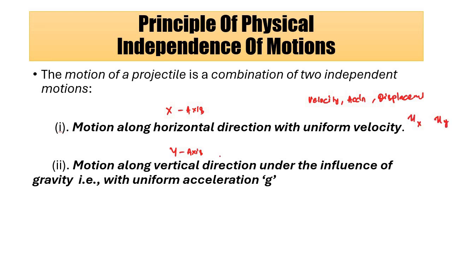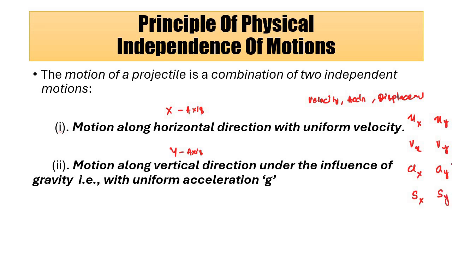The intermediate velocity and the final velocity of the projectile at each and every point are resolved into x and y components. The acceleration is also analyzed separately, acceleration along the x-axis, acceleration along the y-axis. Then the net displacement is also resolved into two categories, along the x-axis and along the y-axis.